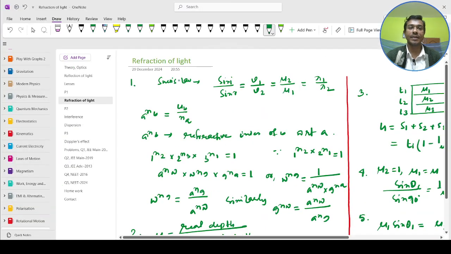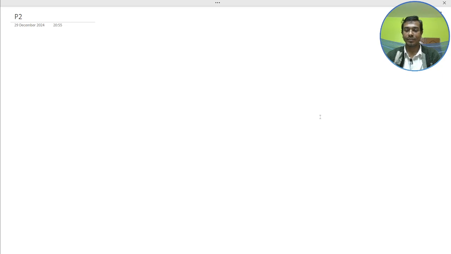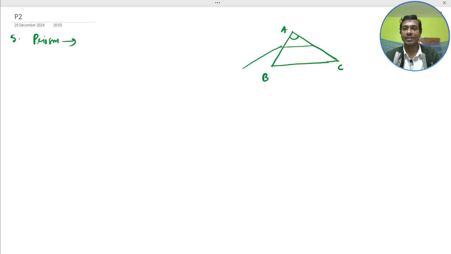So next one, the prism. In the prism case, delta is the angle of deflection and A is the angle of prism. Suppose this triangle is the prism with angle A, B and C. Light is in these directions, this and this.